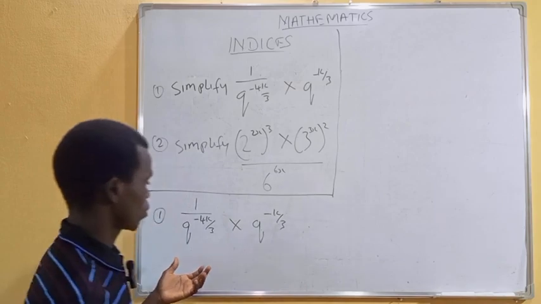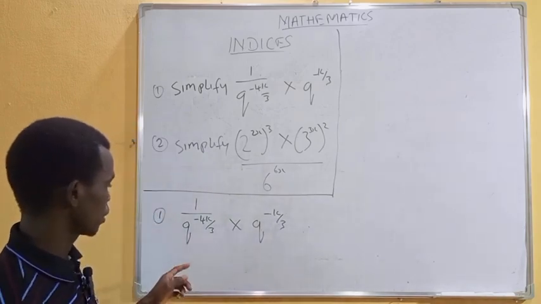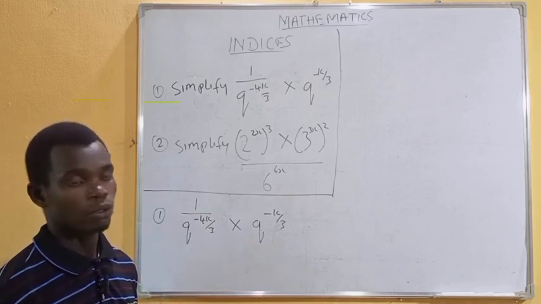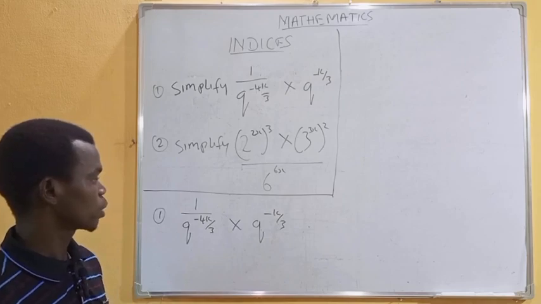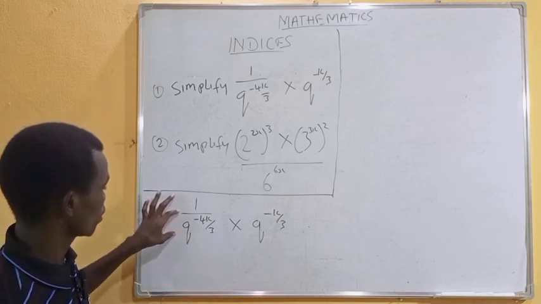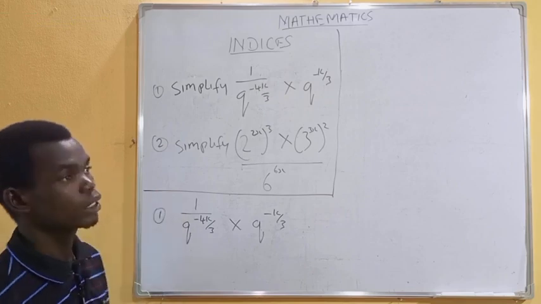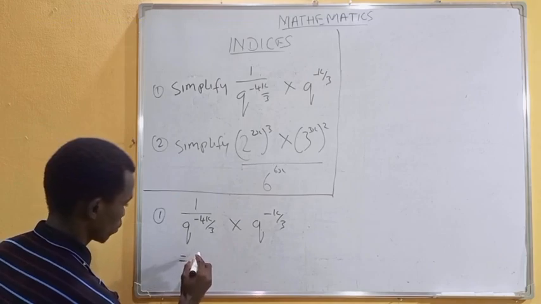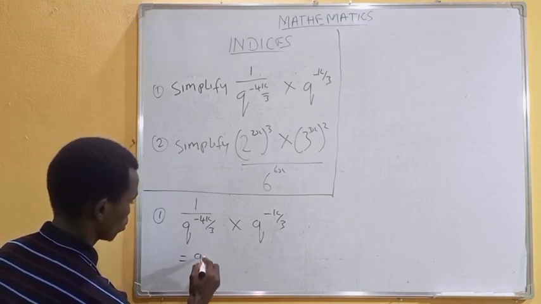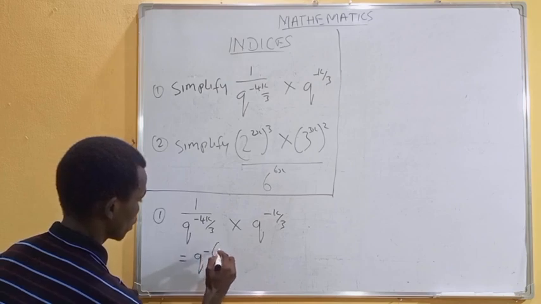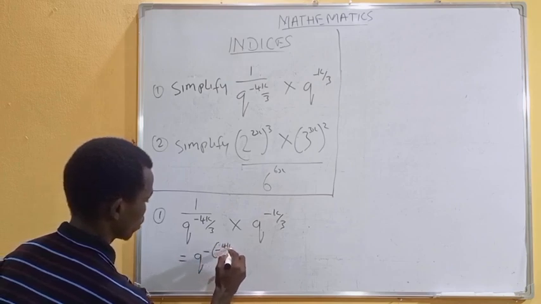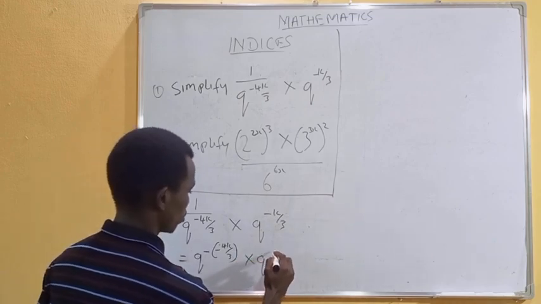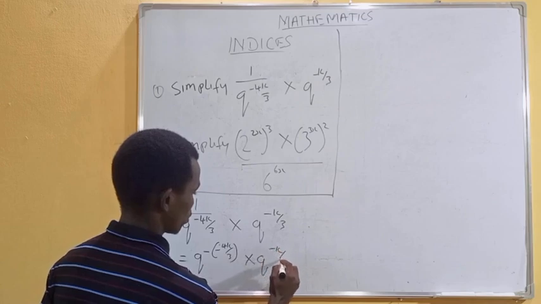From this question, you will notice that the two bases are the same. So the best way is to reverse this reciprocal to a negative index. It will now be q raised to the power minus bracket minus 4k over 3 times q raised to the power minus bracket minus k over 3.